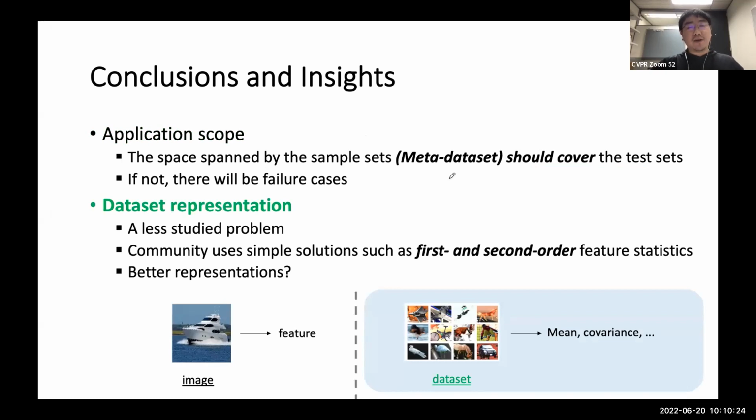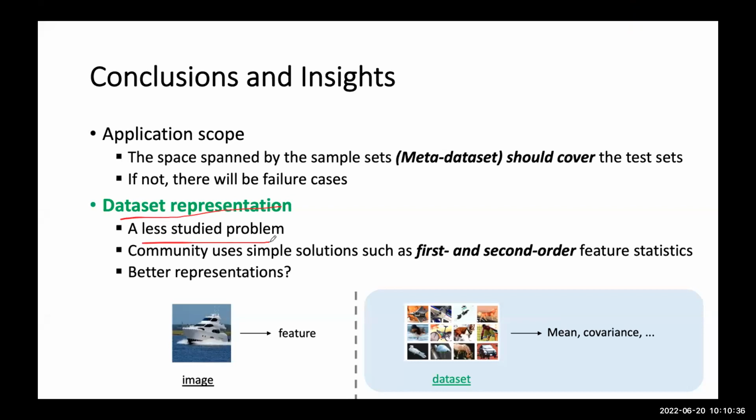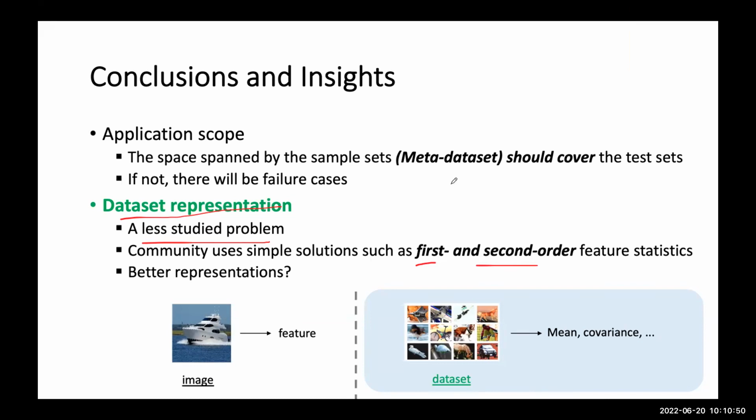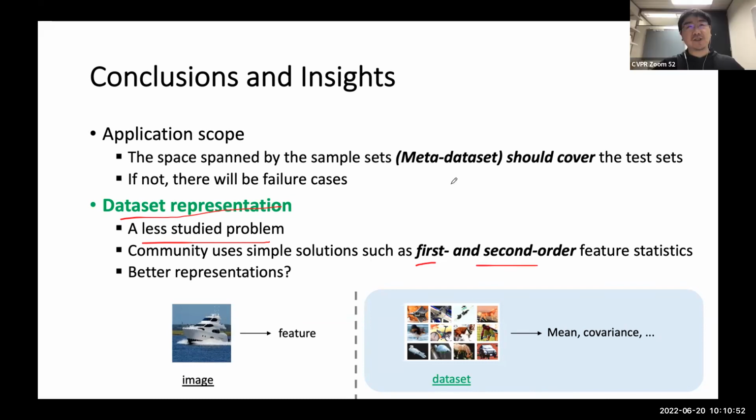Another interesting insight that I want to point out is dataset representation. It is a much less studied problem compared with image representation that we study a lot. The community now uses simple solutions, for example, first and second order feature statistics and other very simple intuitive dataset representations.